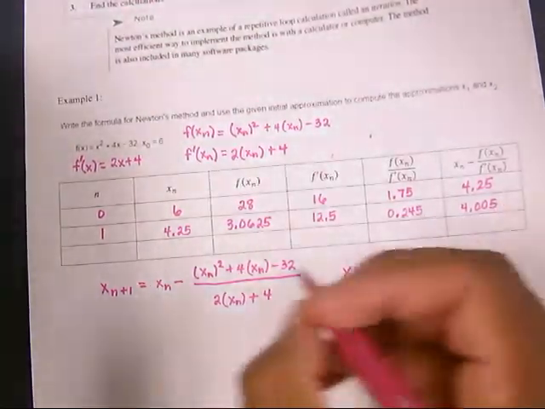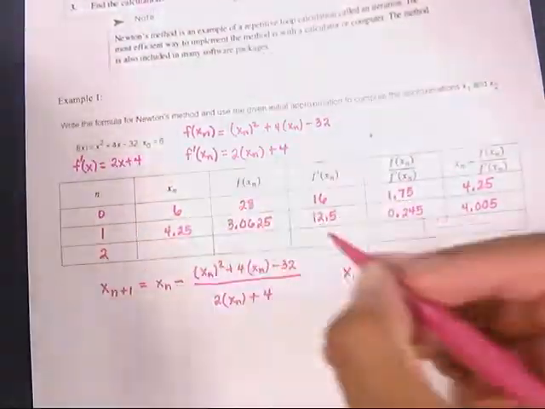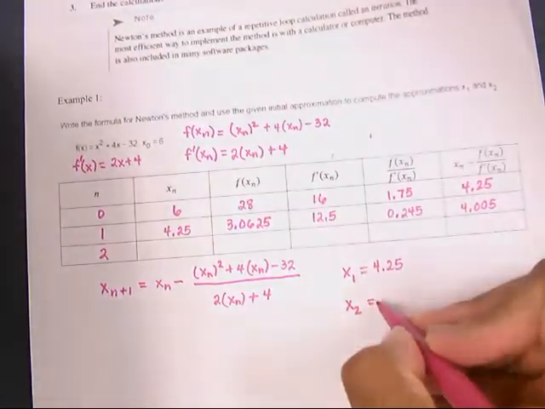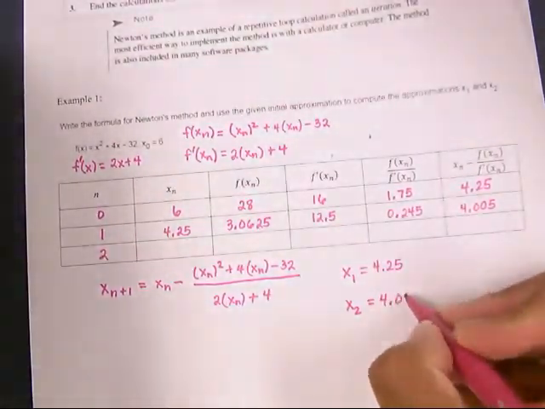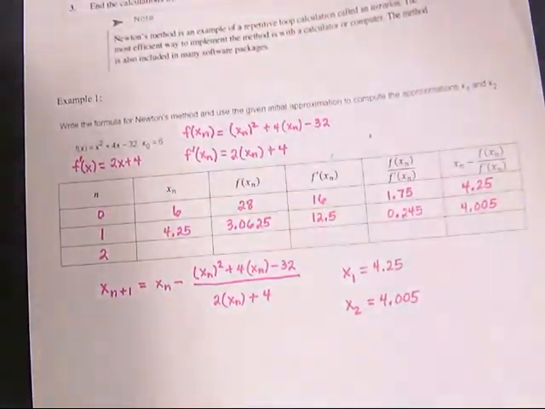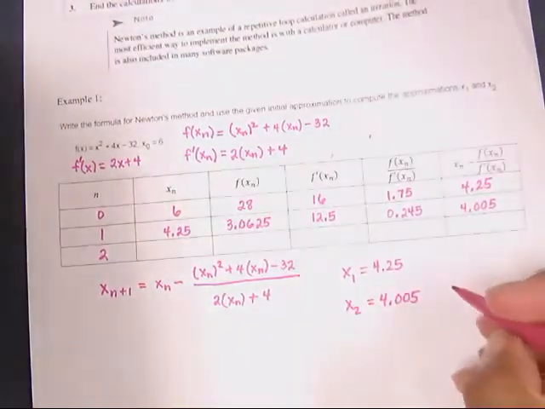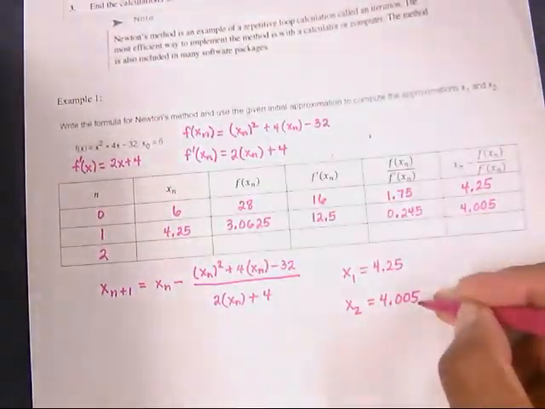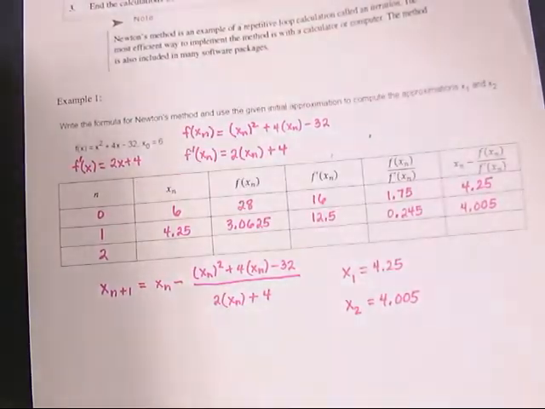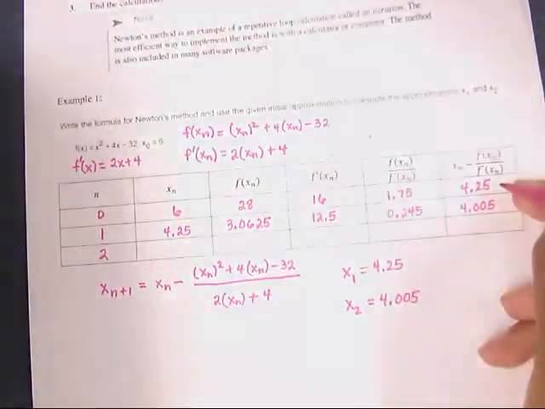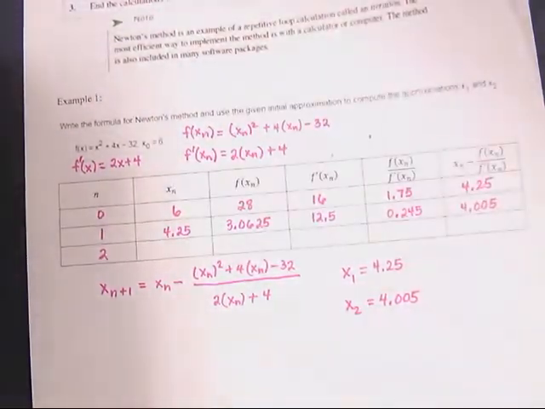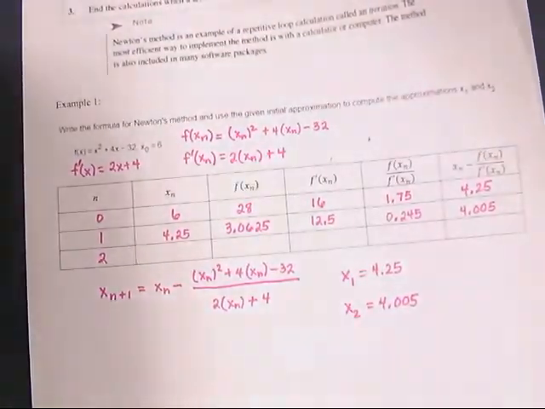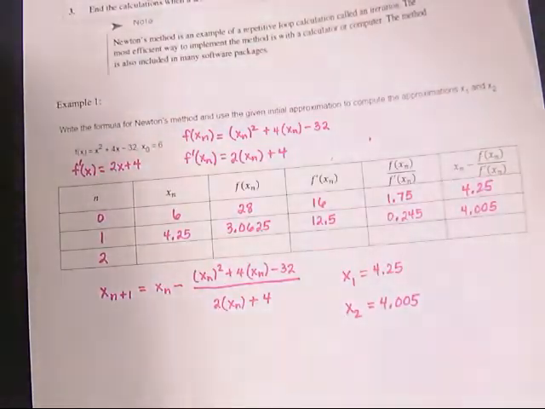Now that 4.005, that's going to be the value of x sub 2. And here we can stop right here, because we only want the approximations for x sub 1 and x sub 2. And we have that. Yeah, x sub 1, that's 4.25, x sub 2, 4.005. Okay, so that's how we apply Newton's method to do these type of problems here.